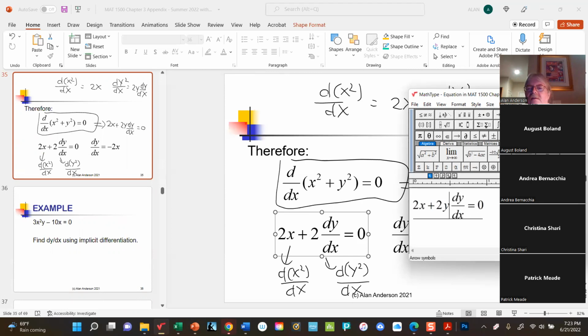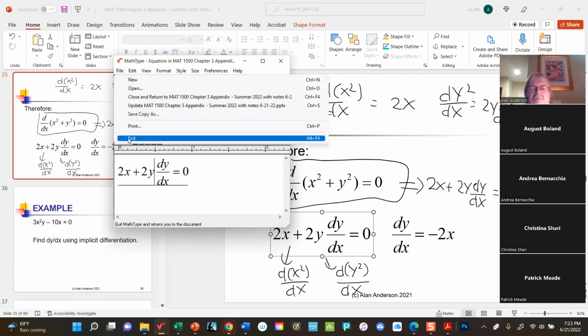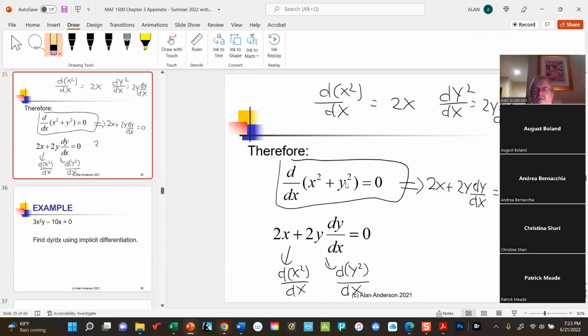Looks like the 2y got left out. And so that means what we could do is rewrite this as, all right, and so there we go.